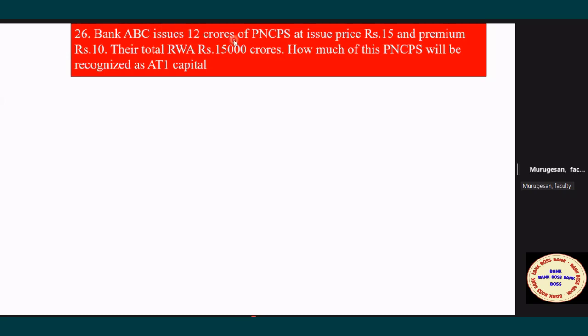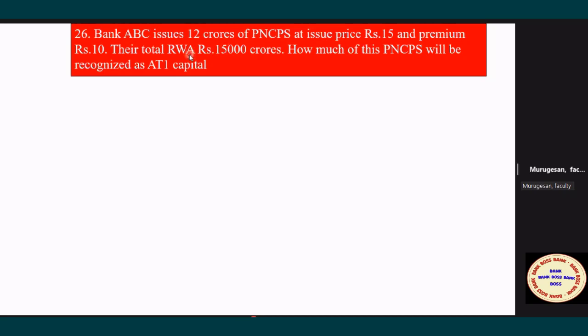Understood? Some people I have seen, they will put 0000 and then 25. Don't do like that, it will be a time waster. So let the 12 crore be silent: 12 into 25, 300. So the total 300 crores of PNCPS issued.